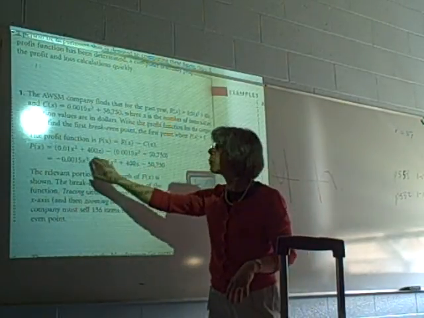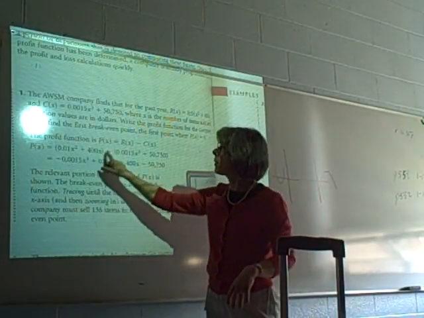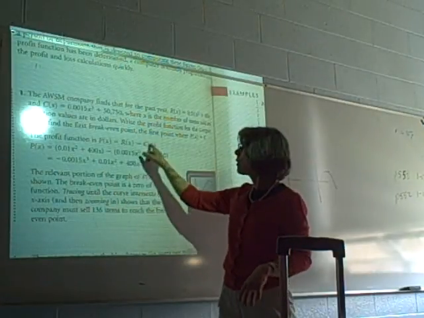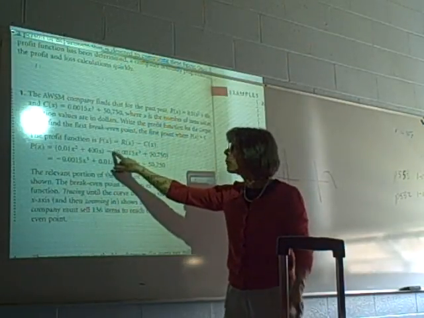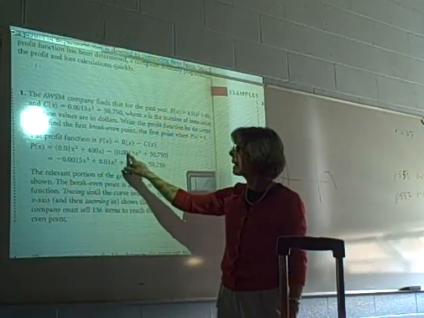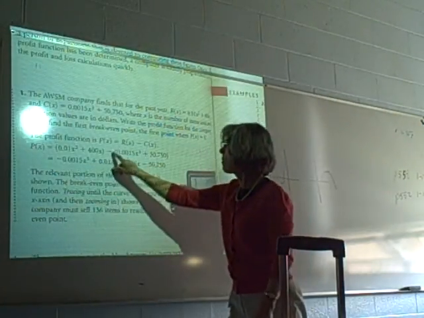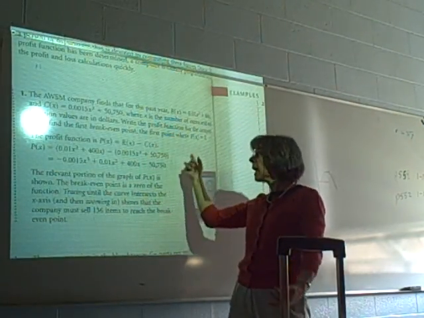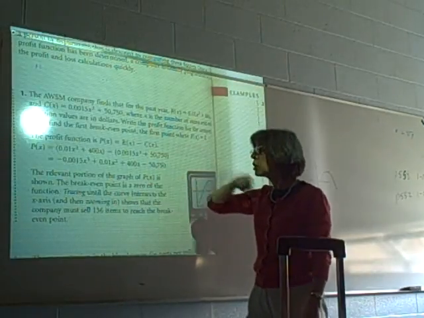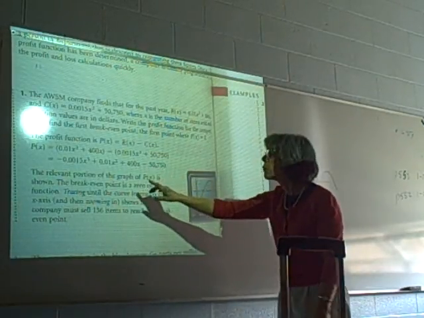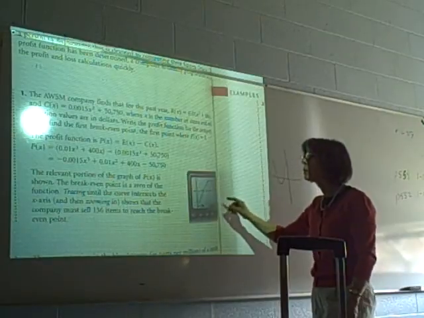So all they did was, here is their revenue, and they subtracted the costs, and remember when you're subtracting, this is going to be a negative, and this negative is going to make that a negative, and you plug it in. So the relevant portion, and the thing has been graphed.